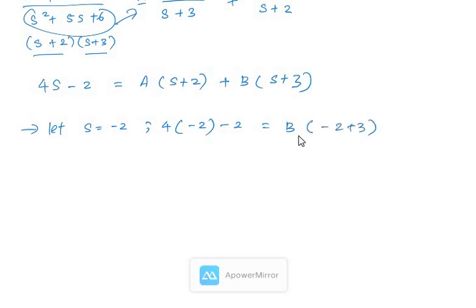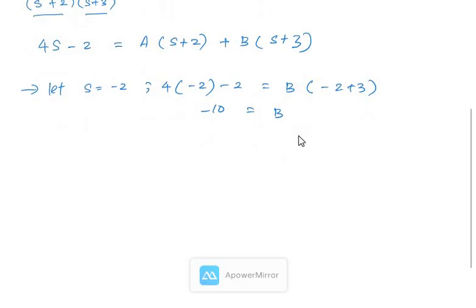So I left minus 10 here equal to, okay, this is minus 8 minus 2, so it's minus 10. Here is minus 2 plus 3, so it's a positive B. So B equal to negative 10.